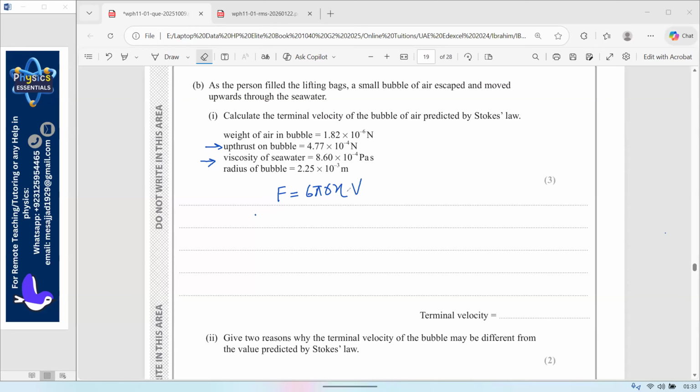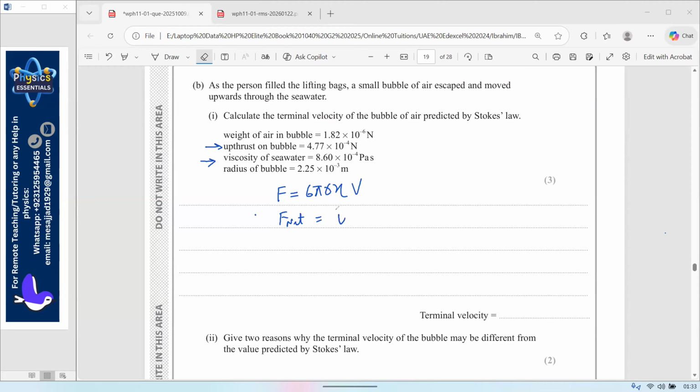So this is the drag, and the upthrust is also given. I'm going to write the formula for the total force on the bubble.